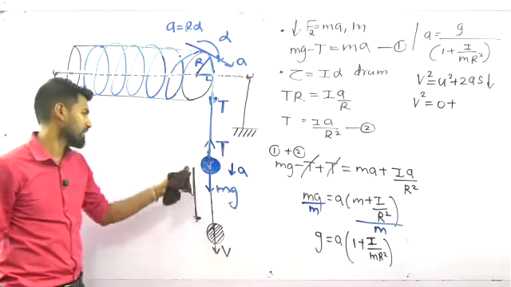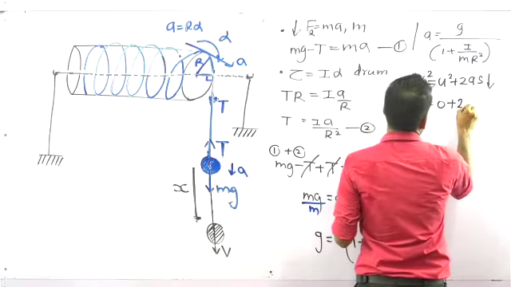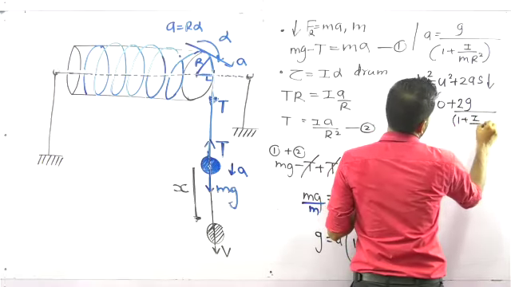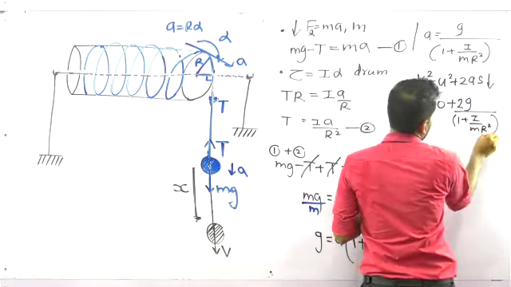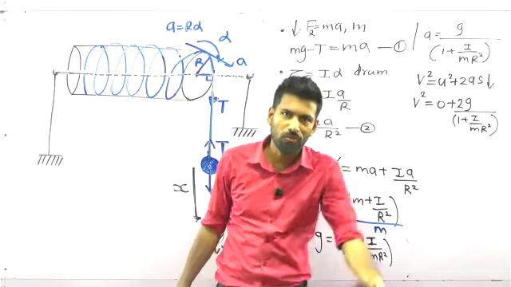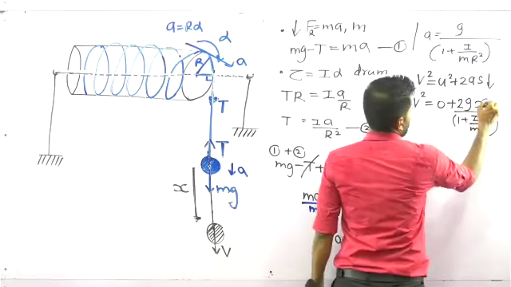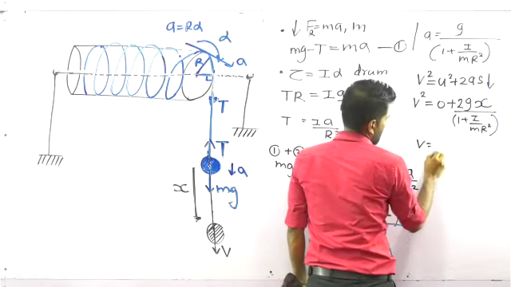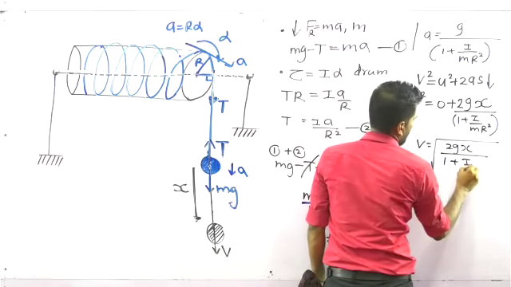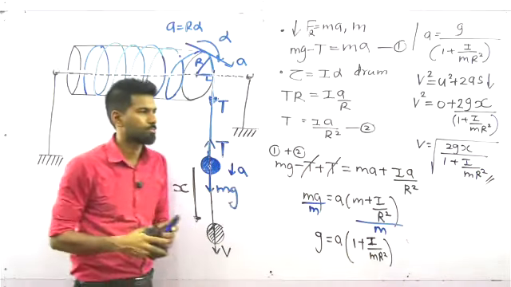The acceleration is g over 1 plus I over m r square, and the displacement s is equal to x, since the mass moves down a distance x to get v. So v is equal to the root of 2gx over 1 plus I over m r square.